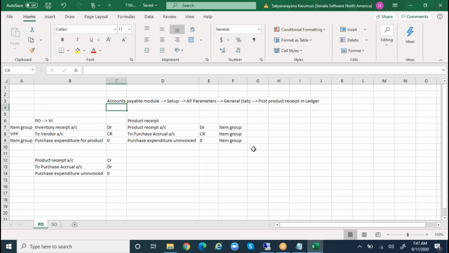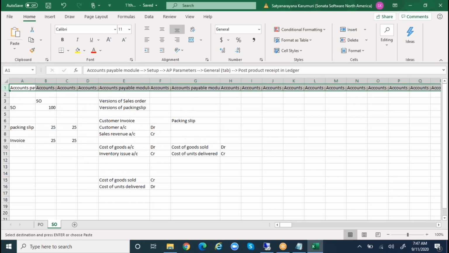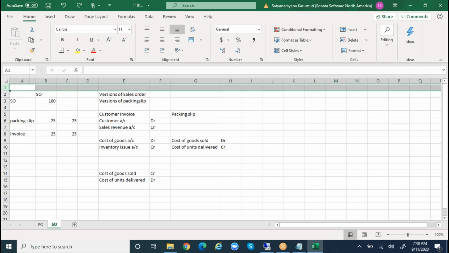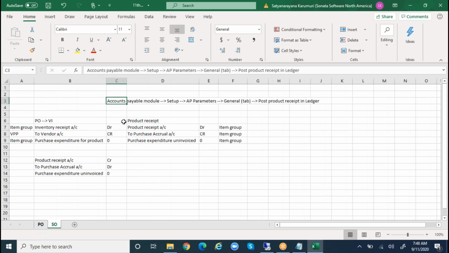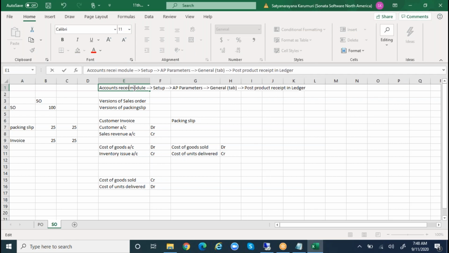Okay, this is the same concept, but here it is the accounts receivable module, AR parameters, and the updates tab.